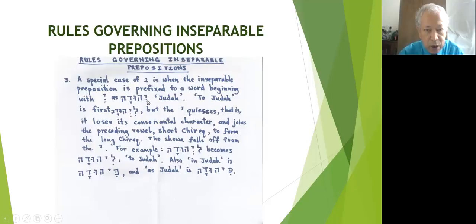The simple schwa will drop out, and what will be left is the yod and the hirik under the preposition. And so it will no longer be Li Yehutha, no longer Bi Yehutha, no longer Ki Yehutha, it will now be Li Hutha, Bi Hutha, and Ki Hutha.